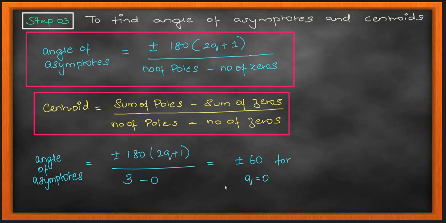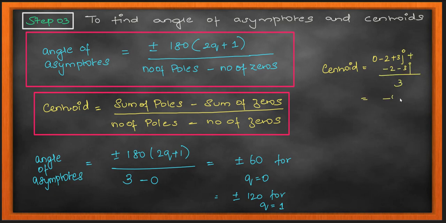And then the angle of asymptotes. The angle of asymptotes tells us how your system is behaving from that centroid.